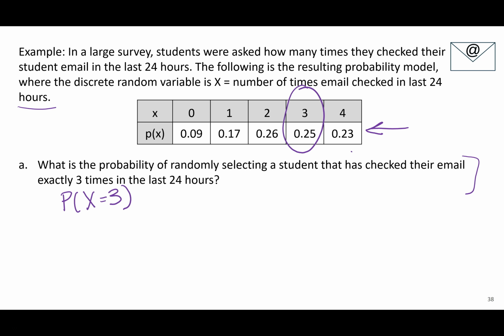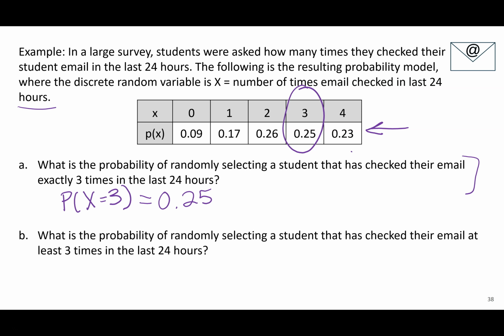I'm interested in specifically just when it's equal to 3. So that's just going to be equal to 0.25, or 25% of the chance. 25% of the time I randomly select a student from this survey, I could expect to select a student that checked their email exactly 3 times in the last 24 hours.